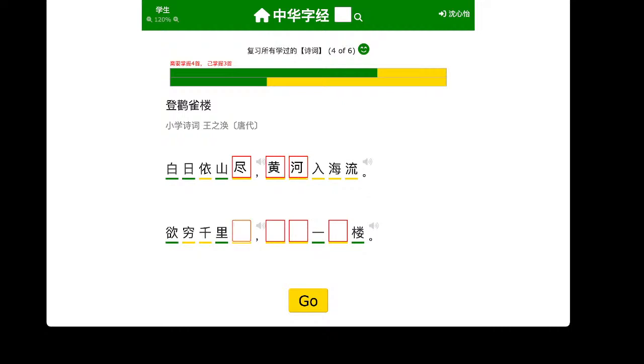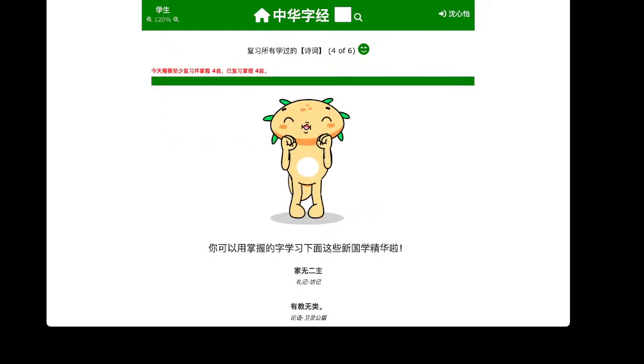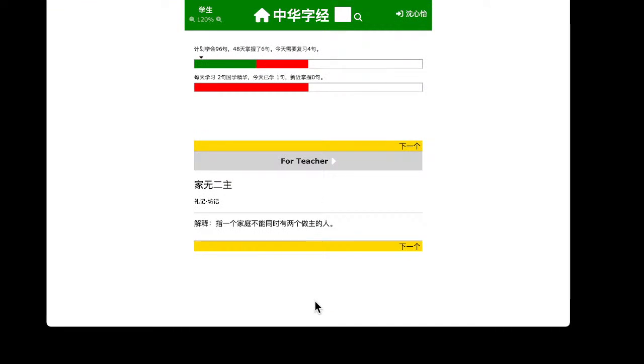黄河，然后还有呢。没有，这个太多了。国学精华，the whole thing，但是你可以选的。This is way too long.